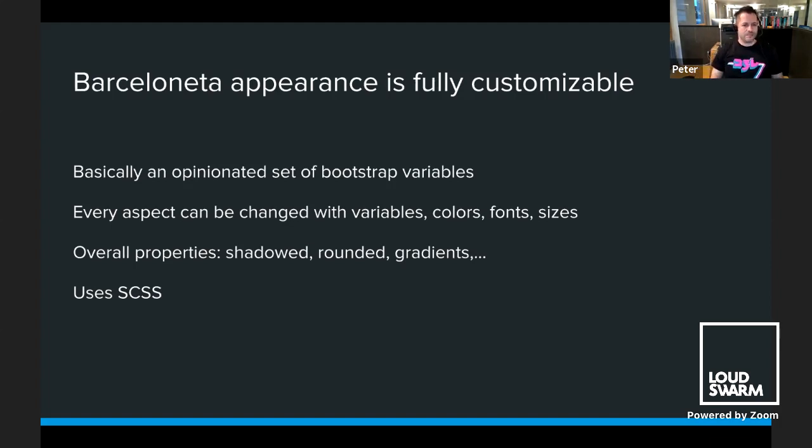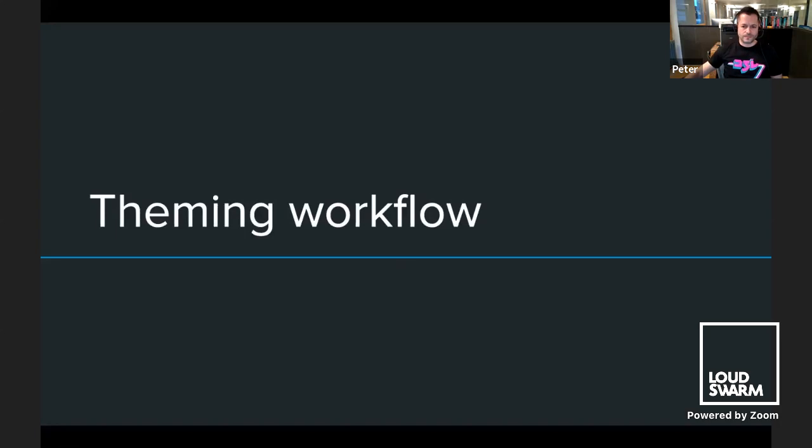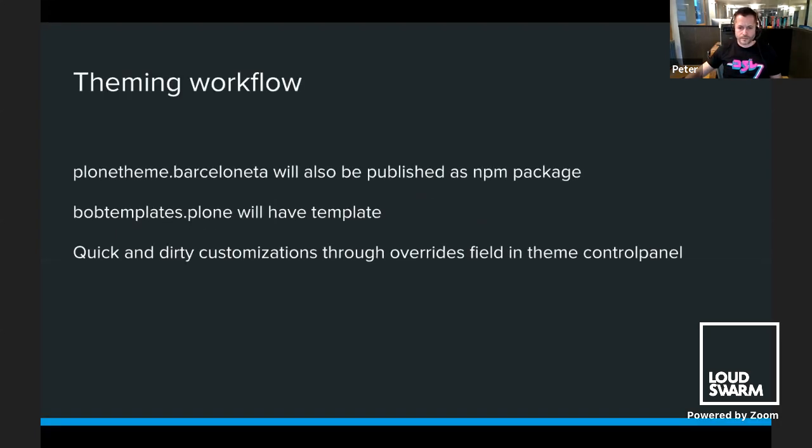Coming to the theming workflow. Barceloneta will be an npm package. You can base your own theme on that just by including the npm package in your package.json and running the compiler.